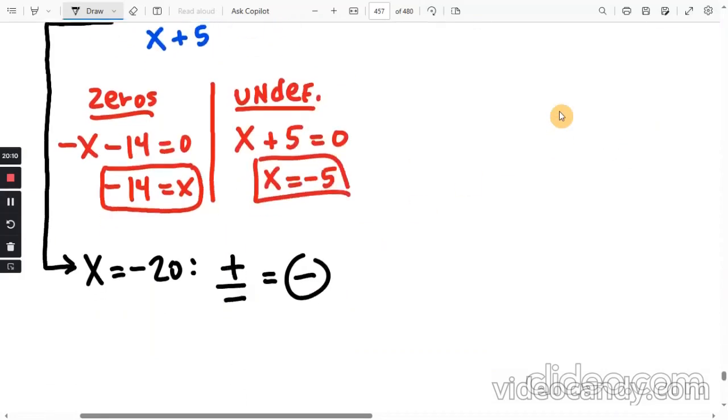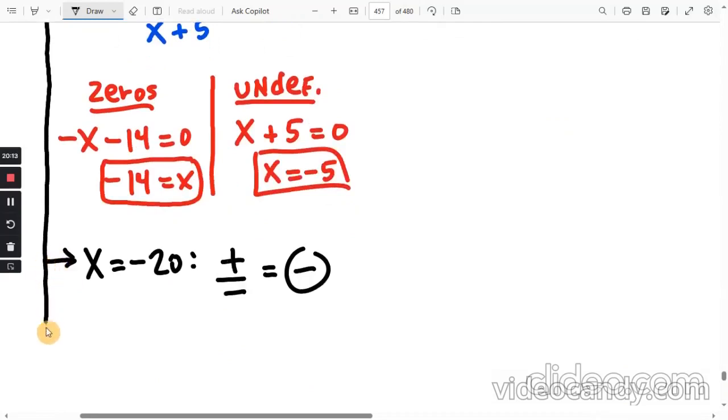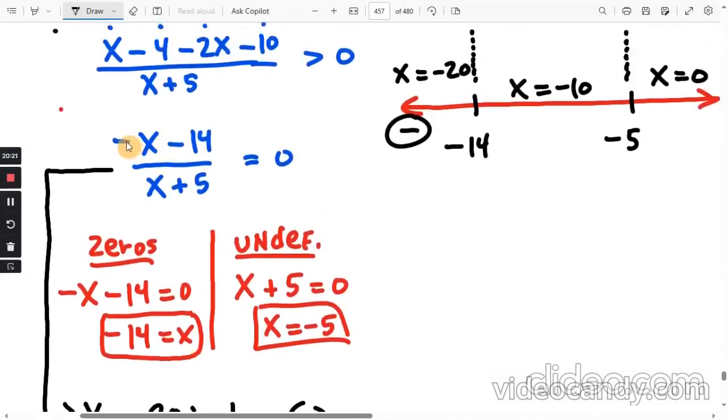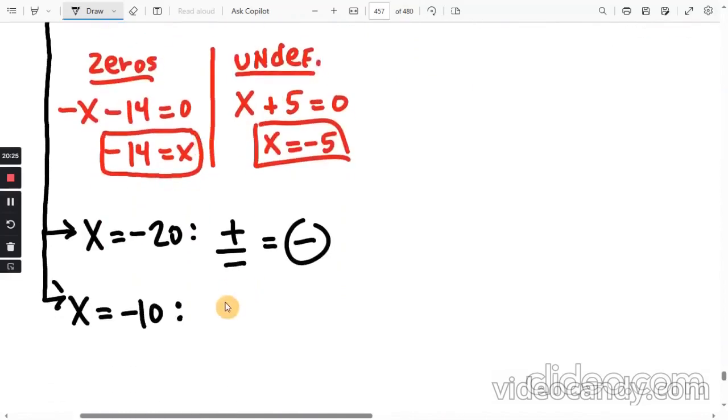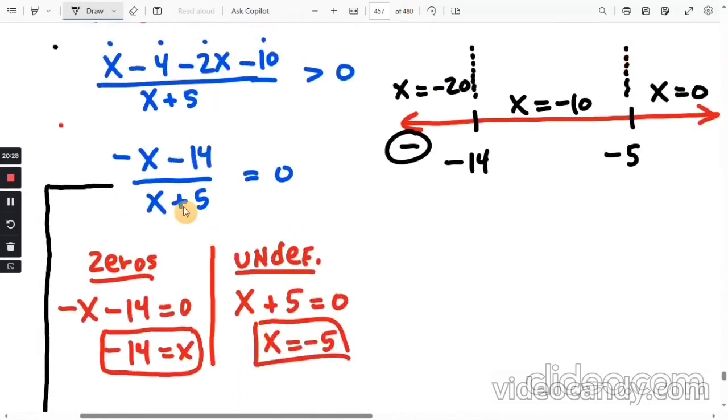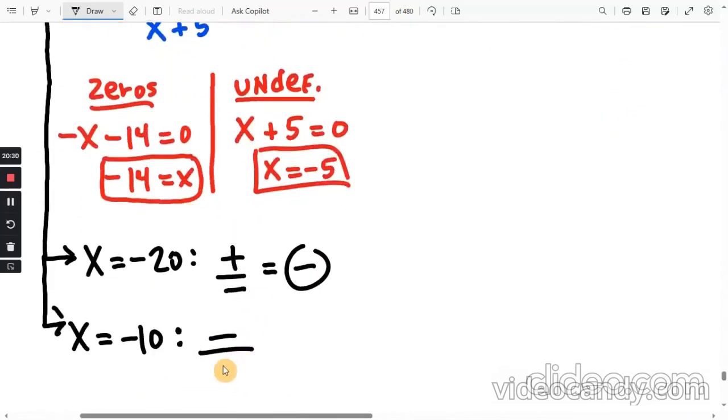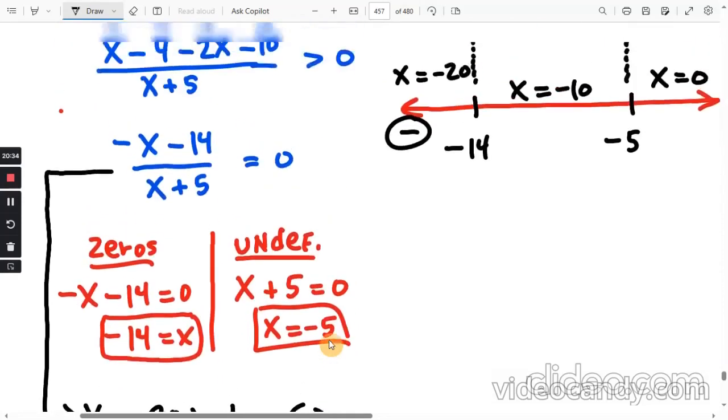In here, let's do negative 10. The negative of negative 10 is positive 10. Minus 14, that's negative. Negative 10 plus 5 is negative. And negative over negative is positive.